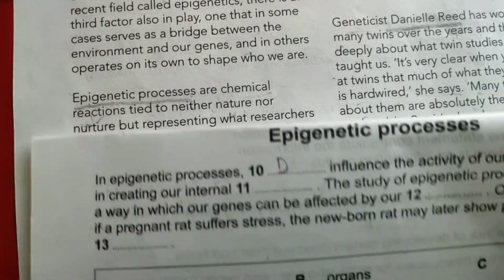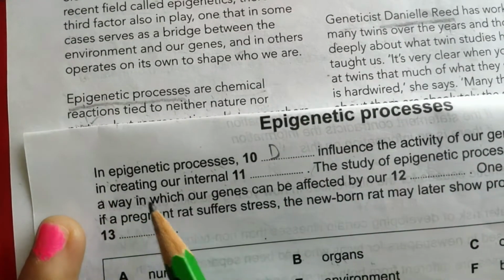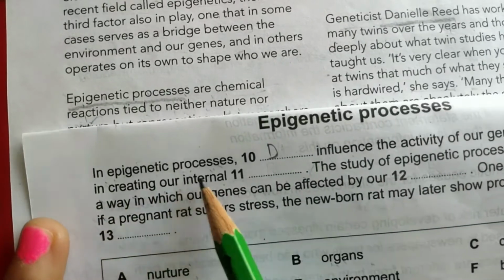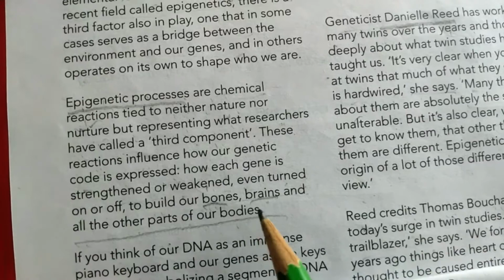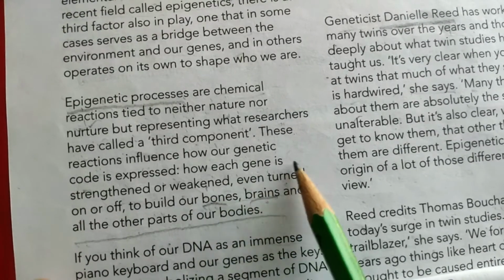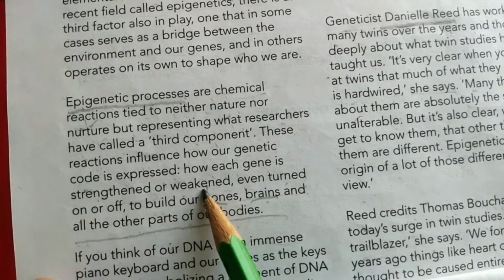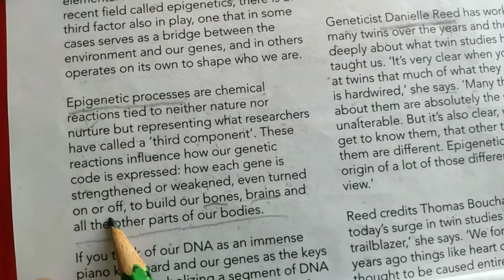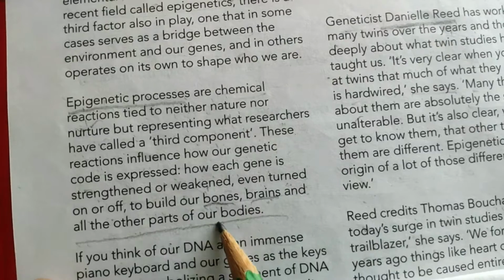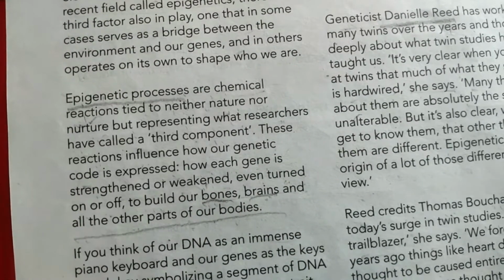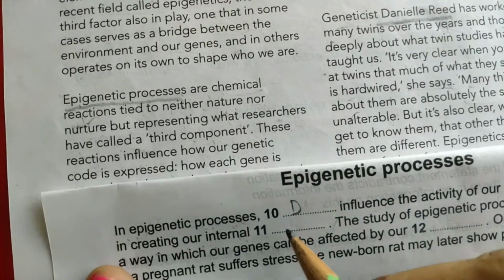For example, in creating our internal organs. How organs? Because here he is saying how each gene is turned on or off to build our bones, brains and all the other parts of our body. What are these? These are the organs of our body. So here we will write the answer B.